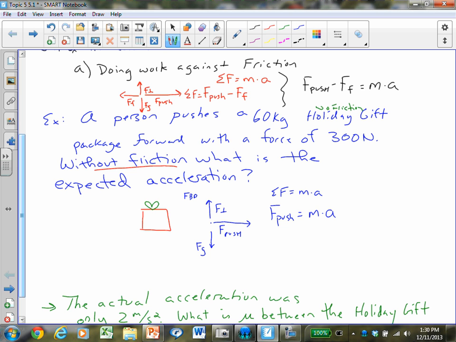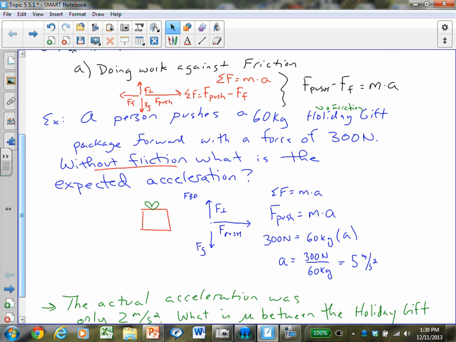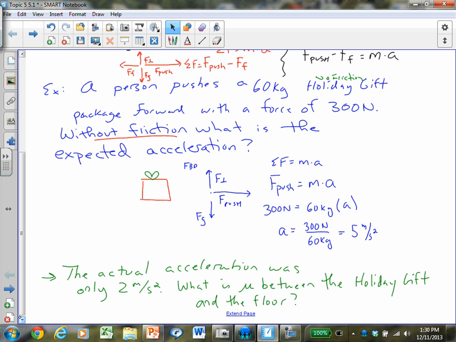So the push force is 300 newtons. The mass is 60 kilograms. So we could see that A is 300 newtons over 60 kilograms. But since a newton is a kilogram times meters per second squared, that's going to be 5 meters per second squared.